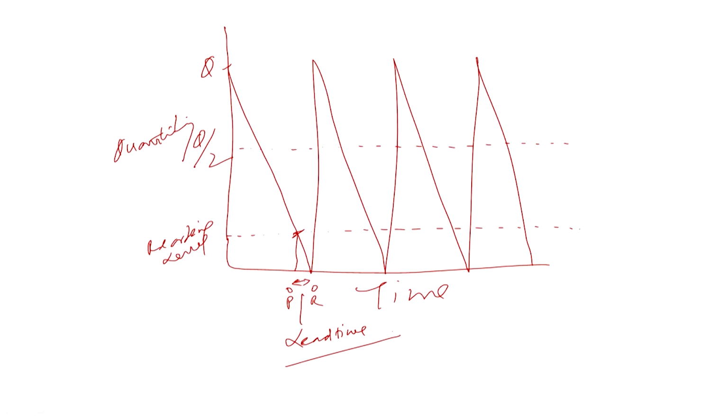We have to work out that lead time and accordingly decide the reordering level, and as per this reordering level we place the order and receive the order. Again when the inventory comes down to 0, we replenish it to the same level, that is the Q level of inventory. This process keeps on moving, which we call the sawtooth picture, and this is the way economic order quantity works.